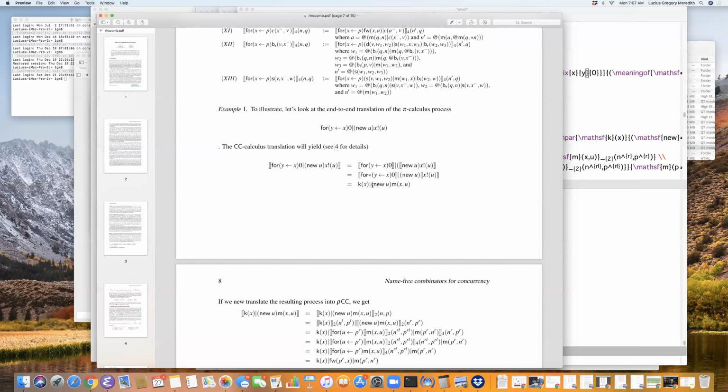So it's just K of X, new U, message MU, message MXU. And again, in order to evaluate this, you would have to extrude the new scope over the K, which you can do because it's not binding the X. And then you have a message together with a kill, and the kill just kills the message, so you go to 0. So it's very similar to the execution in the original process.